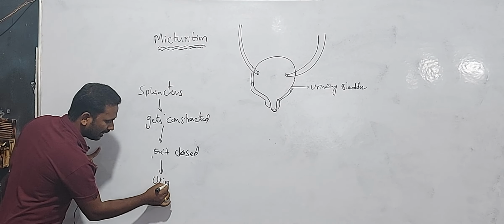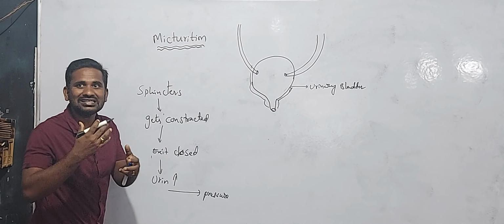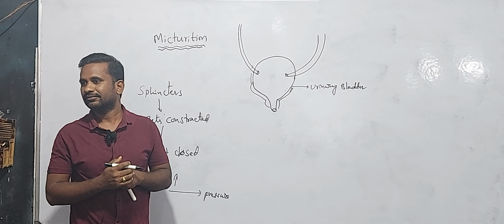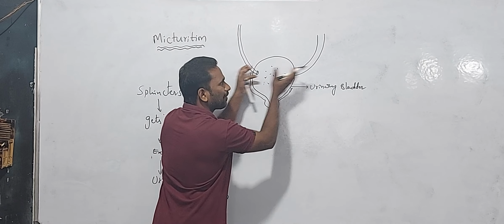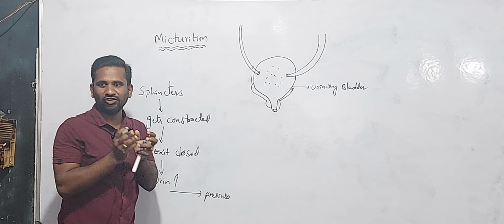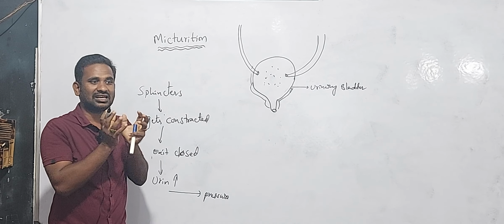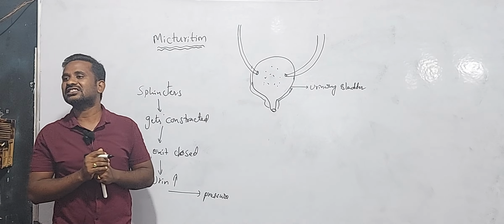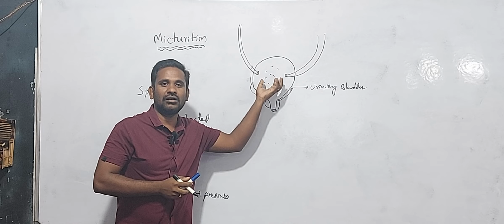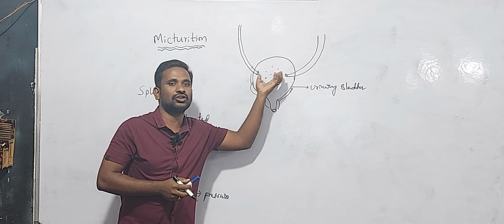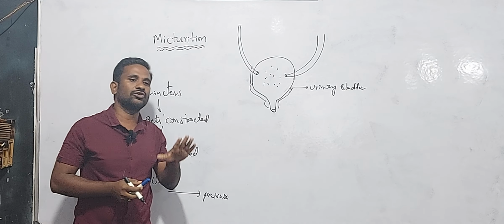It gives some pressure on the walls of the urinary bladder. Here, as urine fills, it gives some pressure. Like in a balloon, if you fill it with air, automatically the air gives some pressure towards the walls of the balloon. Likewise, when the urinary bladder is filled with urine, that urine gives some pressure towards the walls of the urinary bladder.